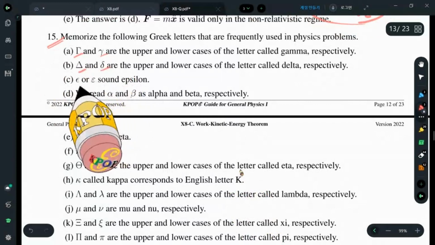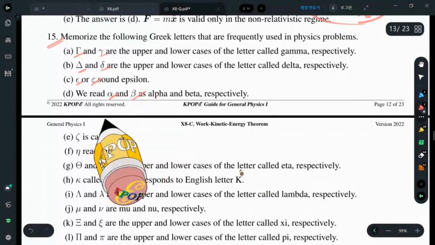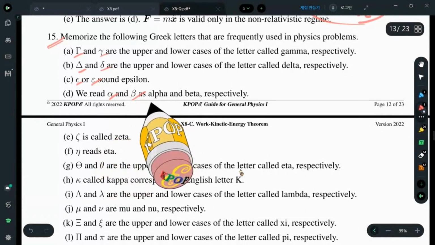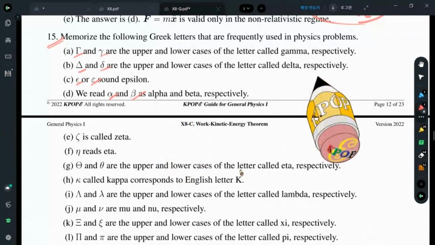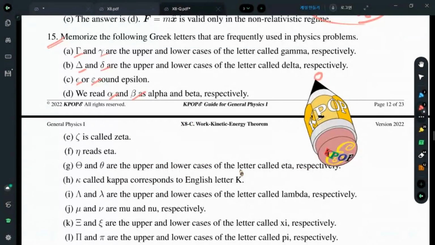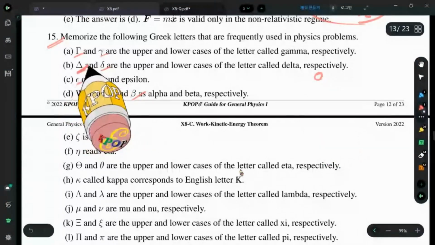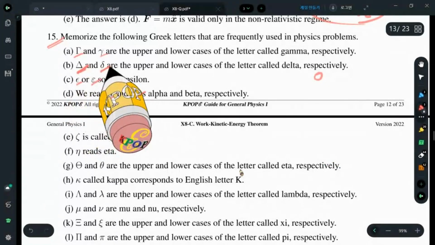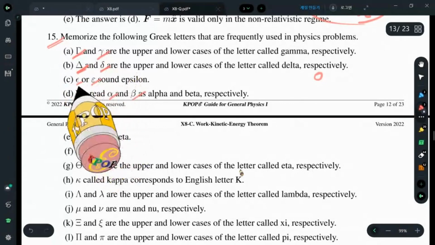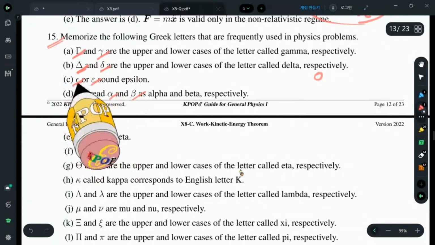In physics and mathematics, Greek letters appear so frequently. You know the very famous omicron. Omicron is O. Delta, you should be familiar with, capital delta and small delta. This is a capital gamma and small gamma. Epsilon appears in two different ways.